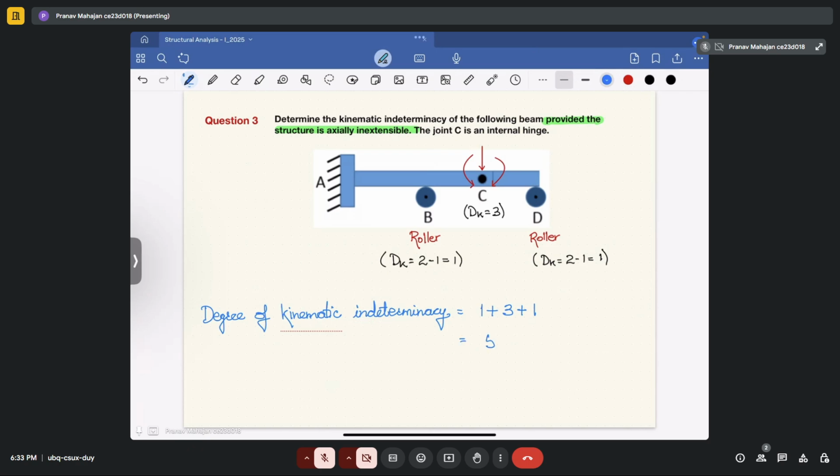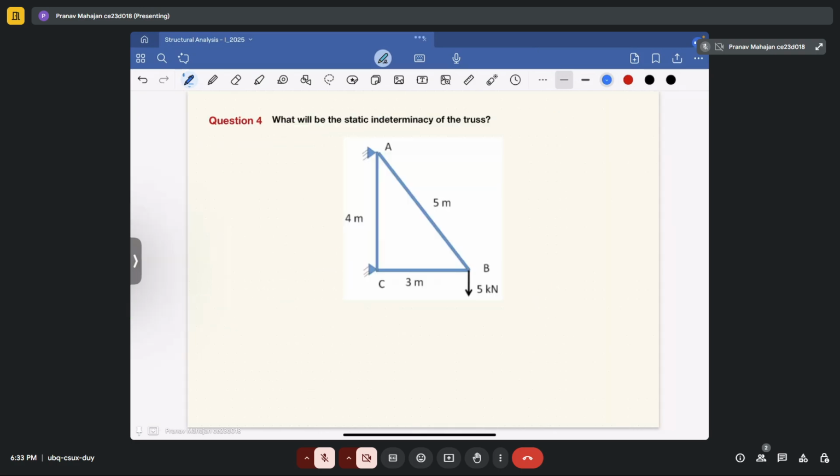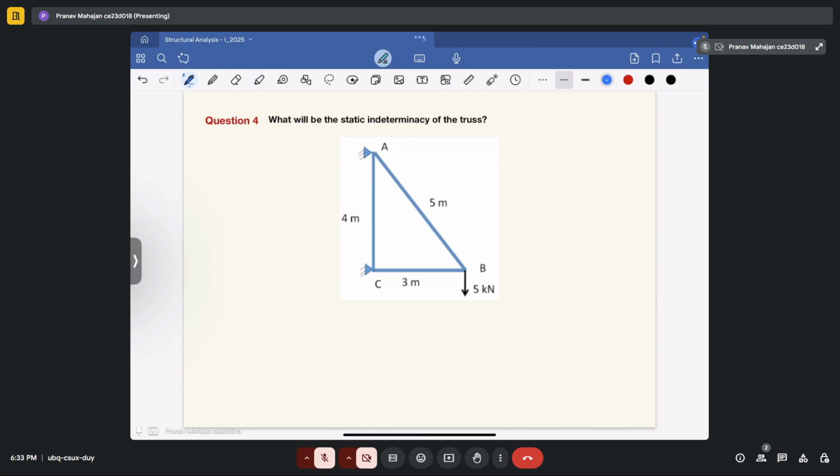Okay. So understanding of how to determine the kinematic indeterminacy as well as the degree of static indeterminacy is very important to solve any problem.